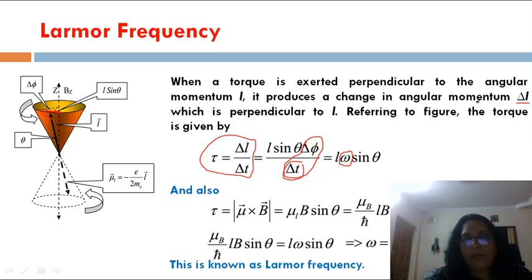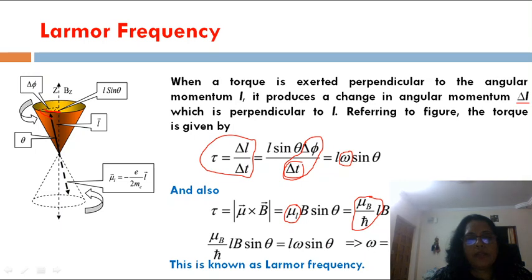Mu L is mu B L. So mu B L B sin theta is the torque, and the other value is L omega sin theta.